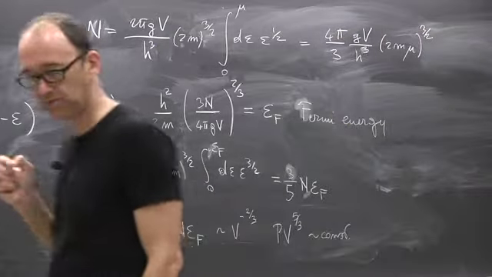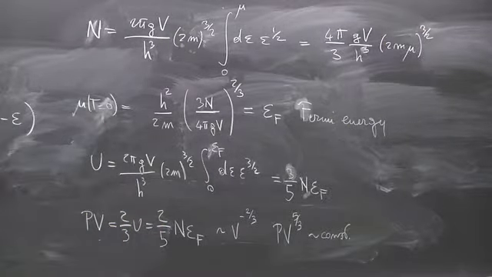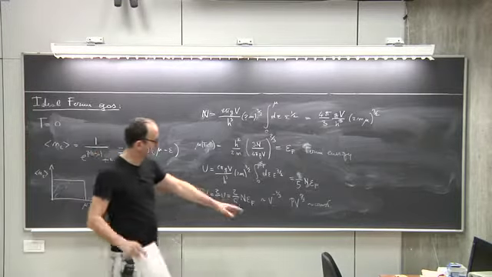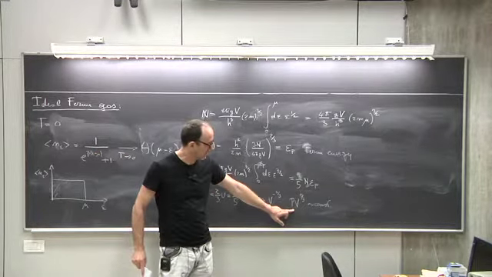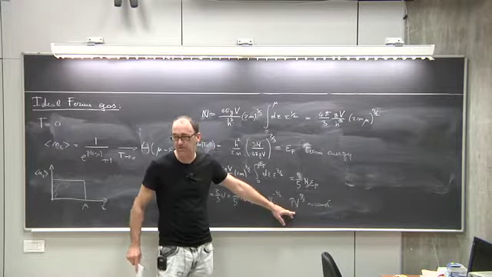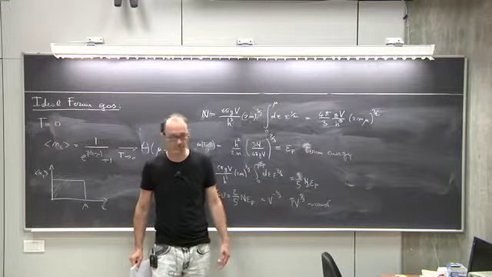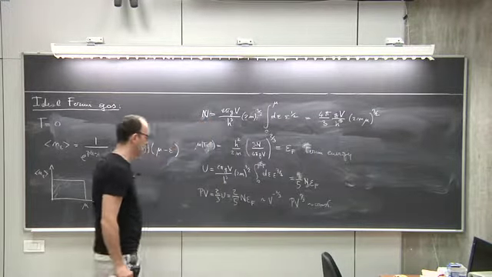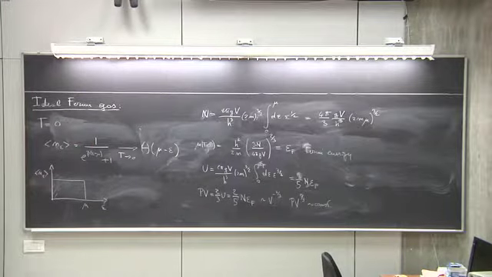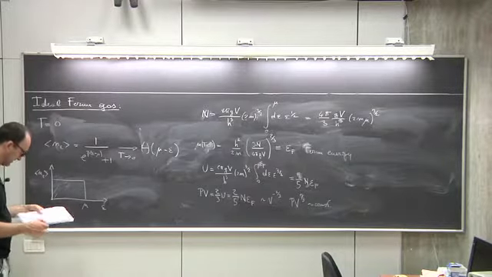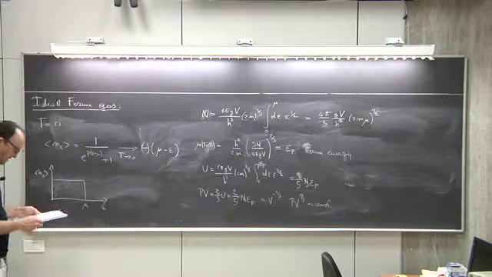So if you keep the number of particles constant and you change the volume, you will have this relation for this isothermal transformation at 0 temperature in this gas. And so this means that the Fermi gas, even at 0 temperature, is still alive. Okay, there is important stuff going on.